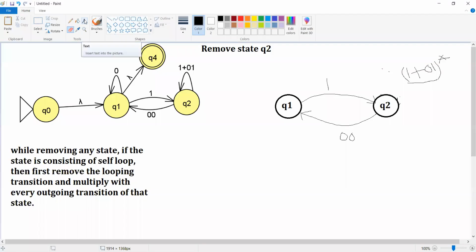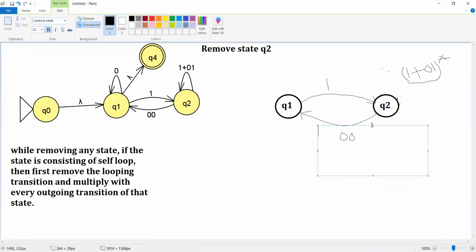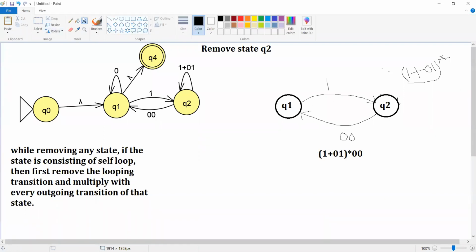The answer which I am going to get will be 1 plus 01 whole star into 00.